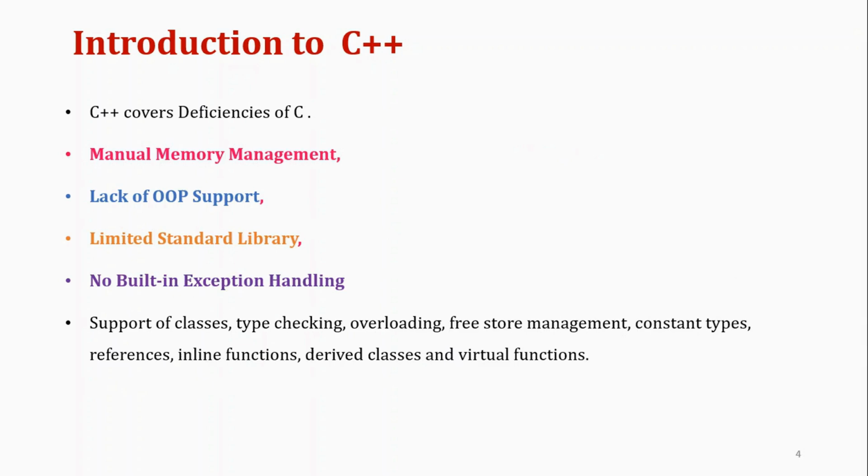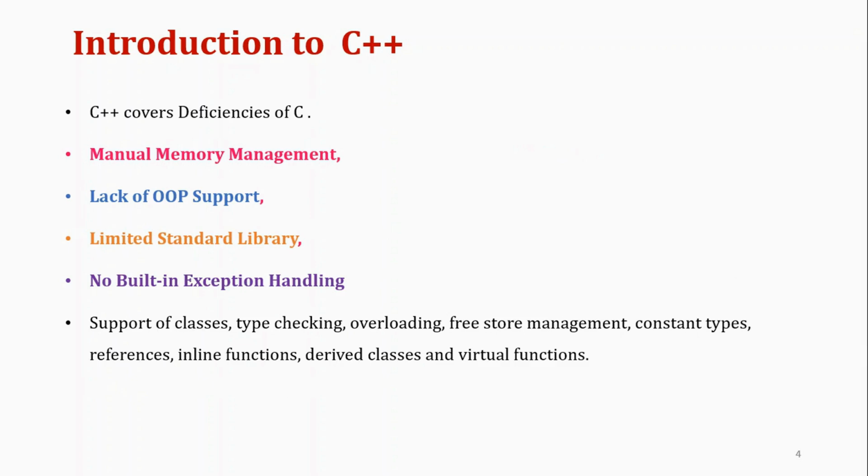Okay, and C++ covers the problems or drawbacks in C, which are addressed or improved in C++, like memory management. OOP support is not in the C language, libraries are not broad or are limited in C, and there is no built-in exception handling.